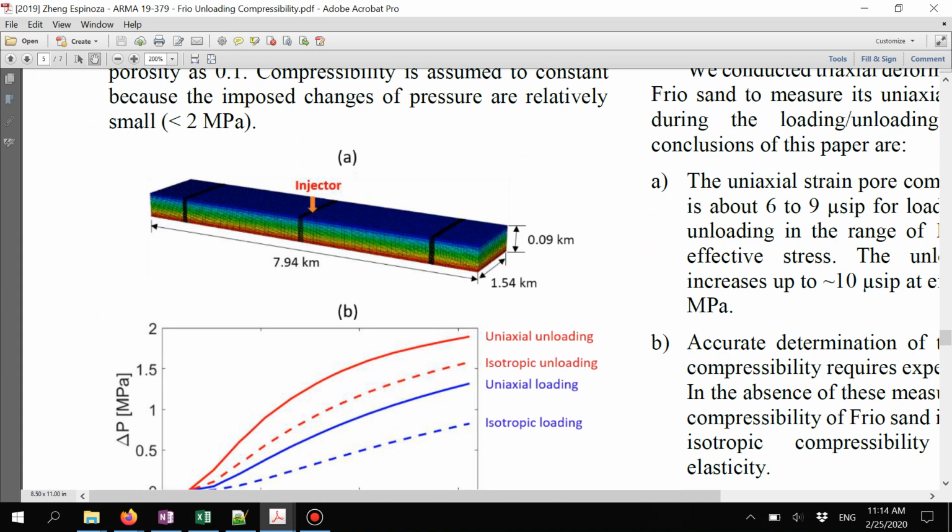That would be an unloading process. And you may expect from what we saw before that the loading compressibility is not going to be the same as the unloading compressibility. In general, the loading compressibility is going to be higher than the unloading compressibility, which means that the rock is going to look stiffer as you unload than as you load.